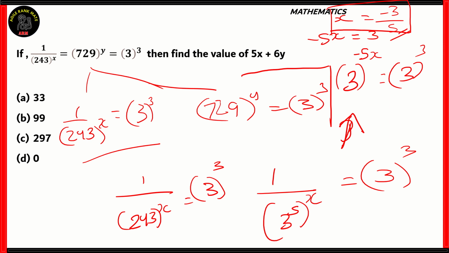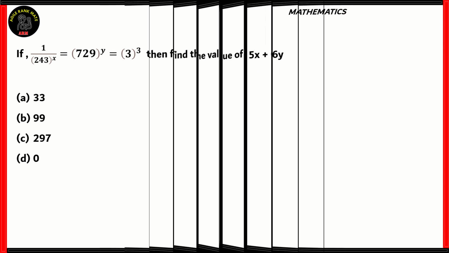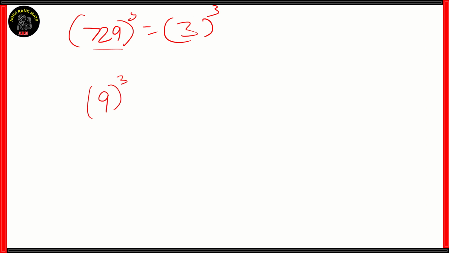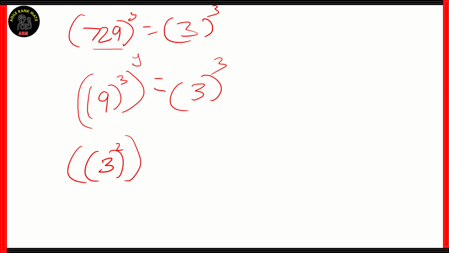Next we have to find y from 729 the whole raised to y is equal to 3 raised to 3. Now 729 is 9 cubed, so (9 cubed) raised to y is equal to 3 raised to 3. Now 9 is basically 3 squared, so we get ((3 squared) cubed) raised to y equals 3 raised to 3.